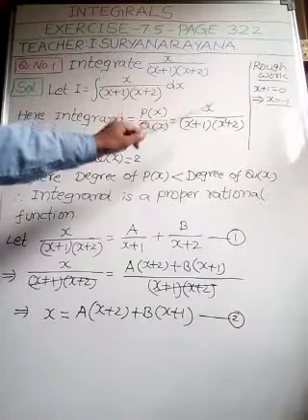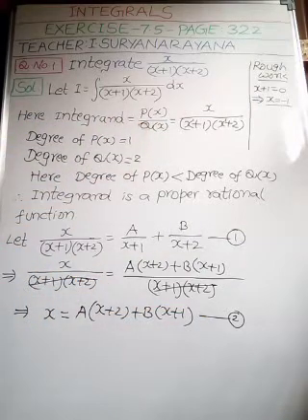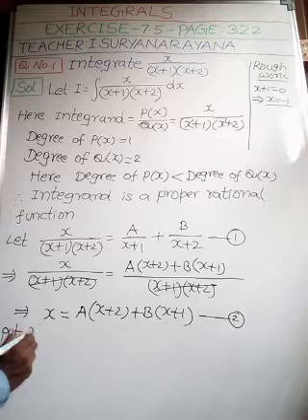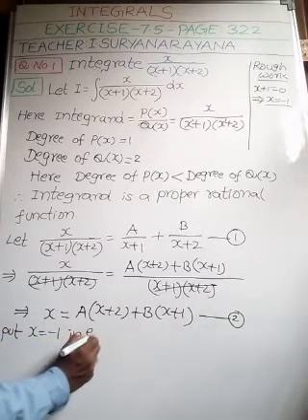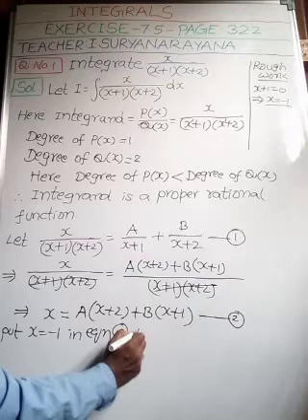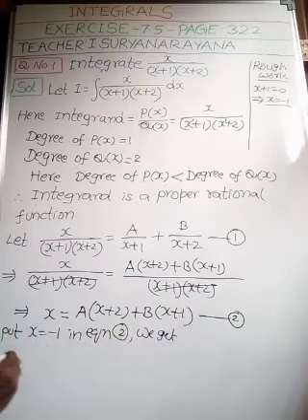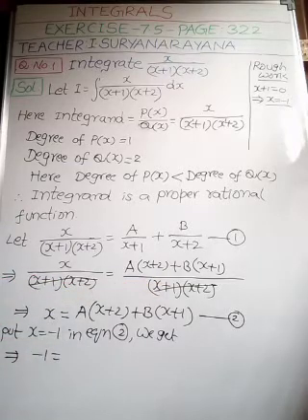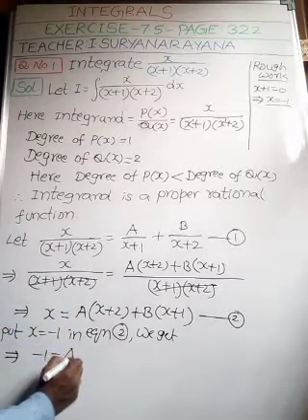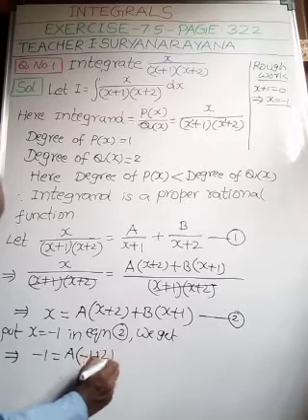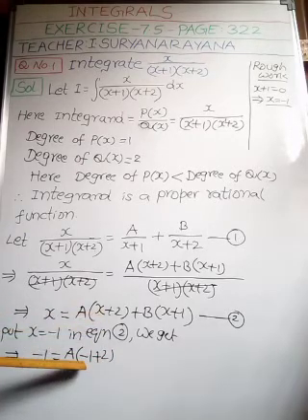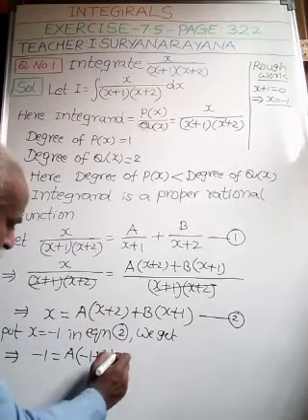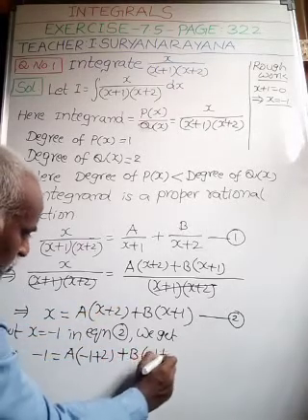So substitute x is equal to minus 1 in equation 2. Put x is equal to minus 1 in equation 2, in the LHS as well as in the RHS. In the LHS, x is there, so I wrote minus 1 is equal to a into (minus 1 plus 2) plus b into (minus 1 plus 1).